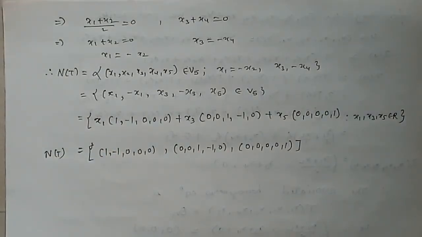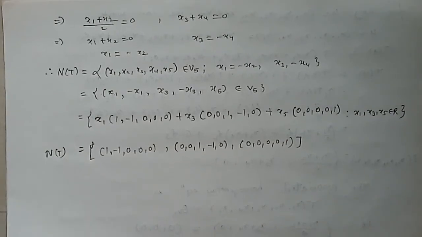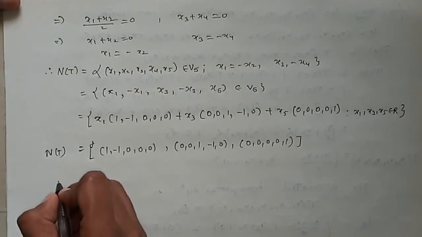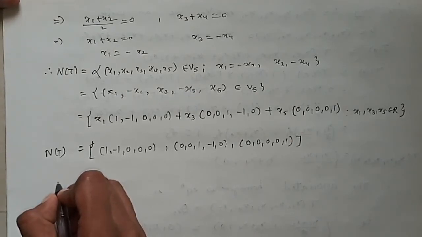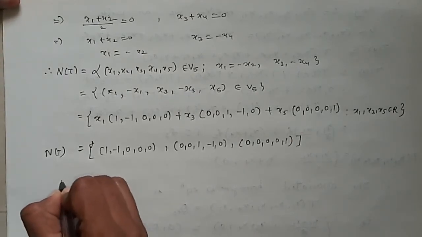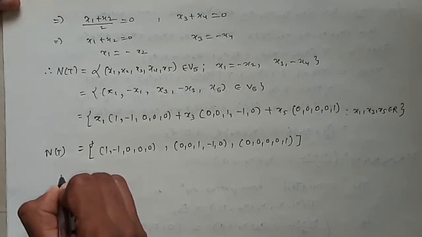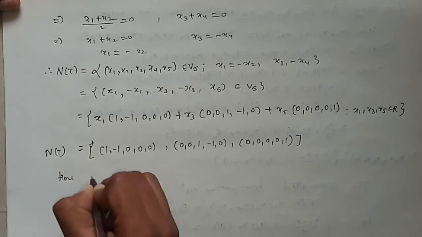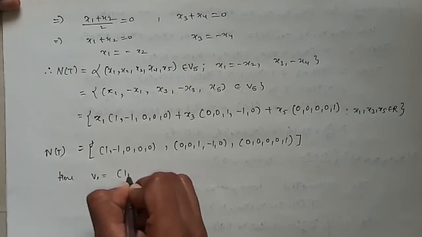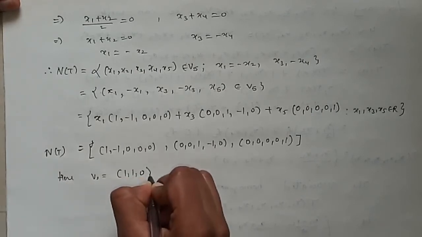Now we have to find one particular solution for the given operator equation. To find a particular solution, here V0 is (1, 1, 0).